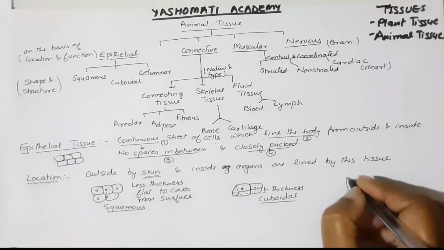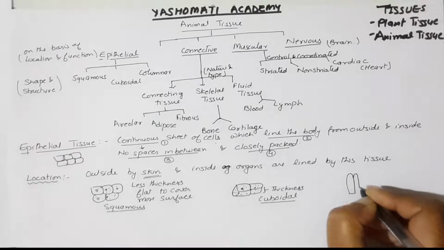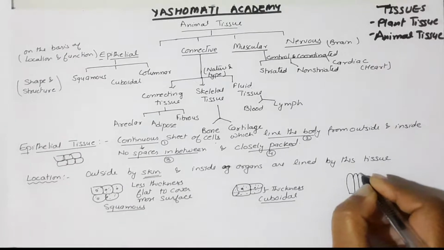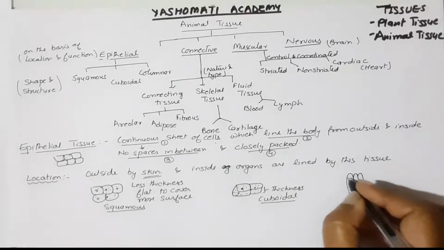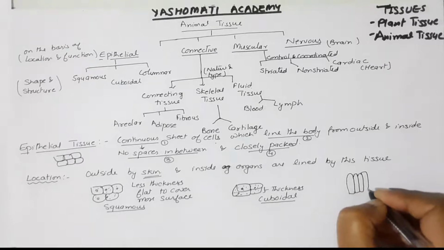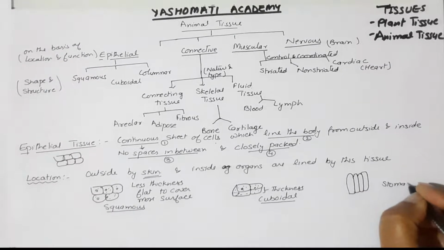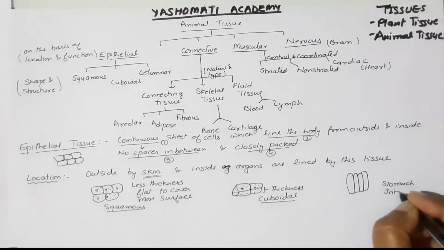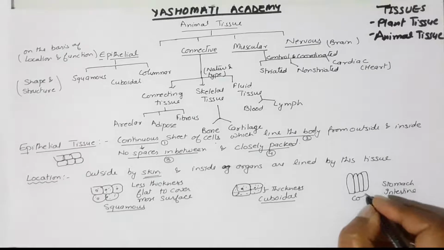And columnar are those which are finger-like or much thicker as compared to their length and breadth. So this type of cells which are present in the inner wall of stomach and intestine, they are columnar in shape.